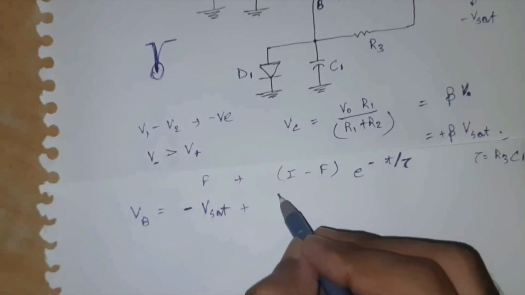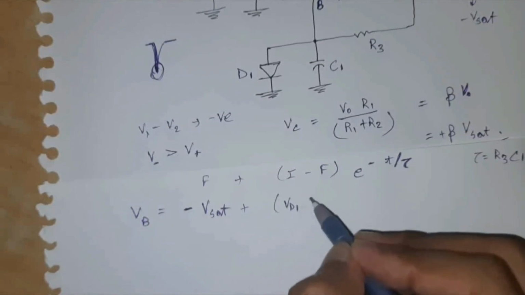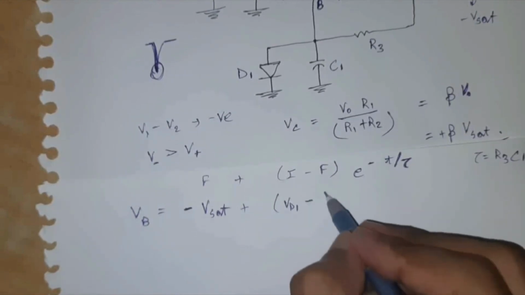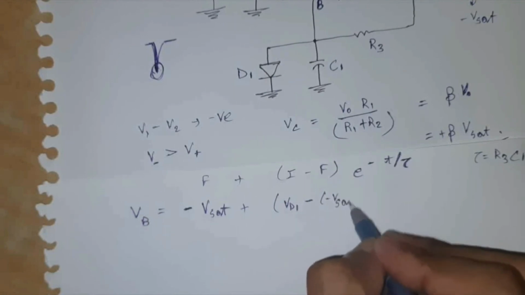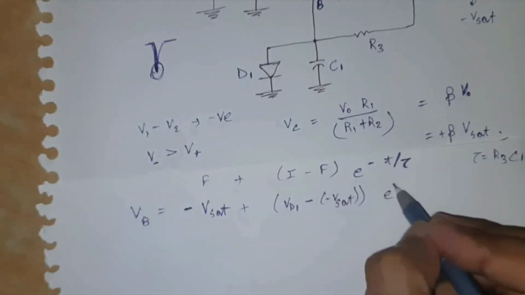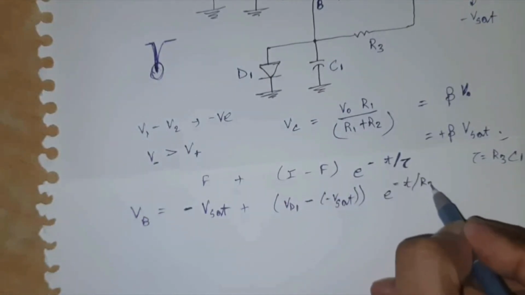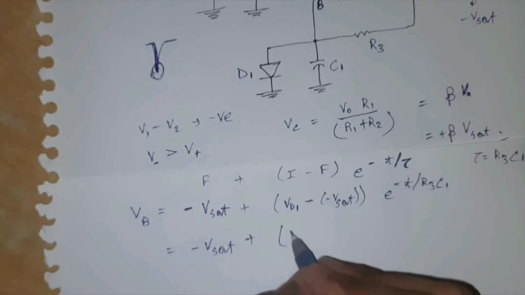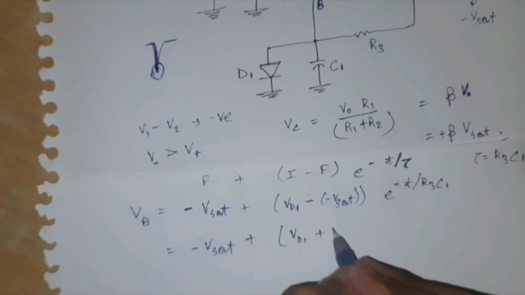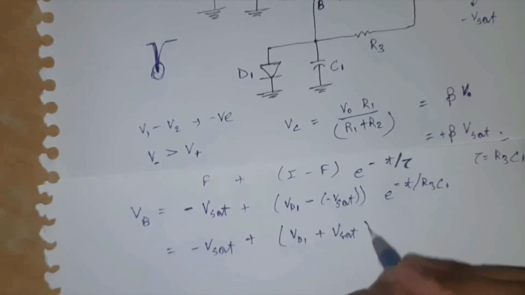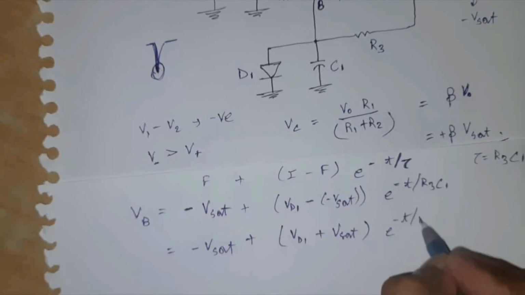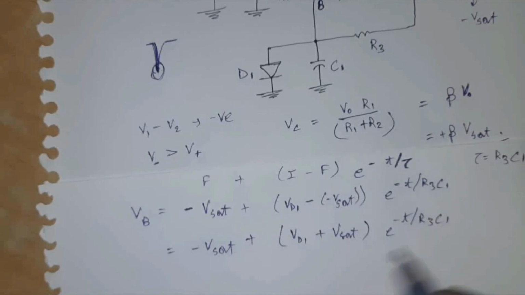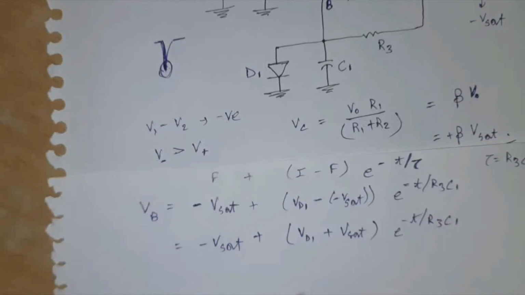The initial value is VD1, the voltage across the diode which appears, minus minus V sat, that will be plus V sat, e to the power minus t by R3C1. Now this is just simplifying the equation: minus V sat plus VD1 plus V sat, e to the power minus t by R3C1. Just this I have changed.